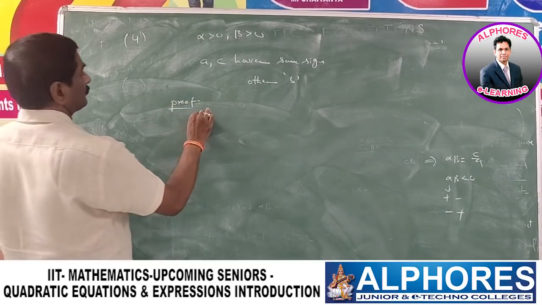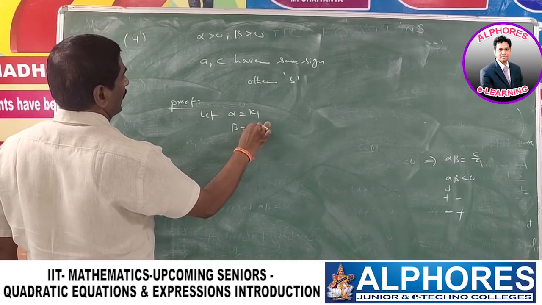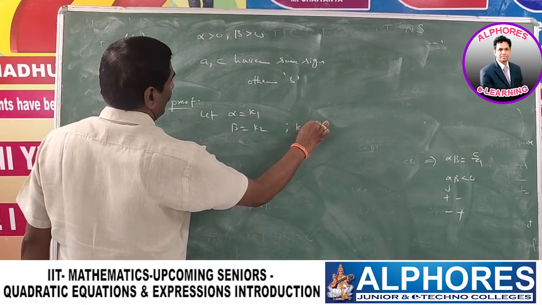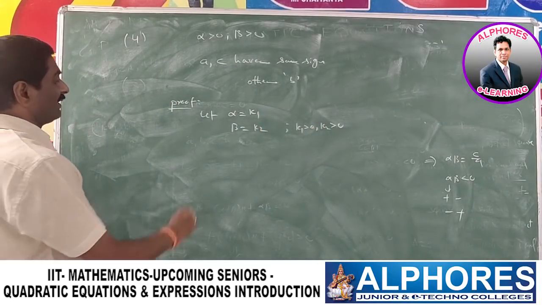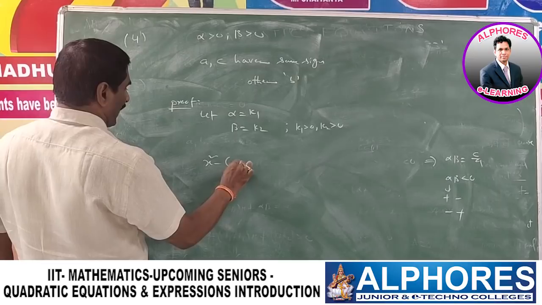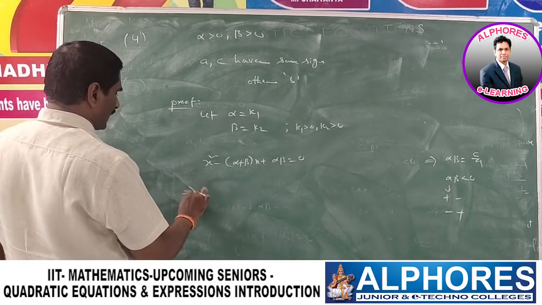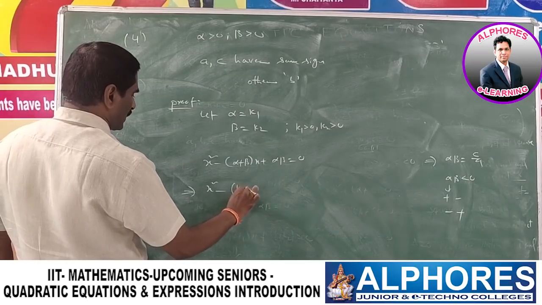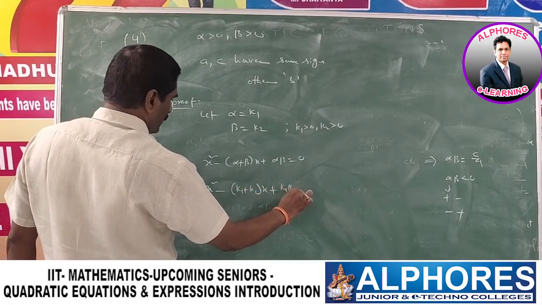Let alpha is equal to k1, beta is equal to k2. Here k1 greater than 0, k2 greater than 0. Then the quadratic equation is x square minus alpha plus beta into x plus alpha beta is equal to 0. That implies x square minus of k1 plus k2 into x plus k1 k2 is equal to 0.